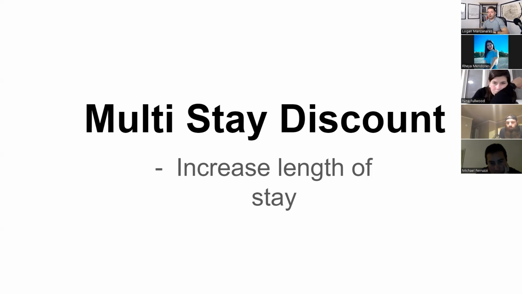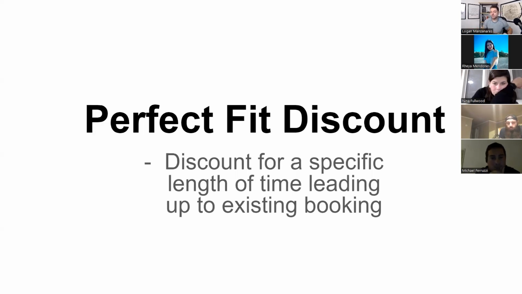Another one we're going to talk about is called a perfect fit discount. Okay, so a perfect fit discount, when you look at your calendar, and let's say today is Tuesday, and let's say that we have somebody checking out tomorrow, which we do, right? We have someone checking out tomorrow on Wednesday, and we have another booking on Friday, or excuse me, on Saturday.